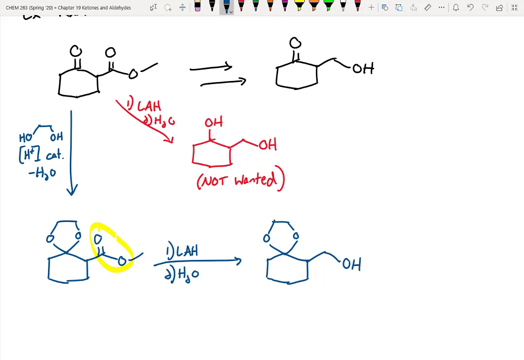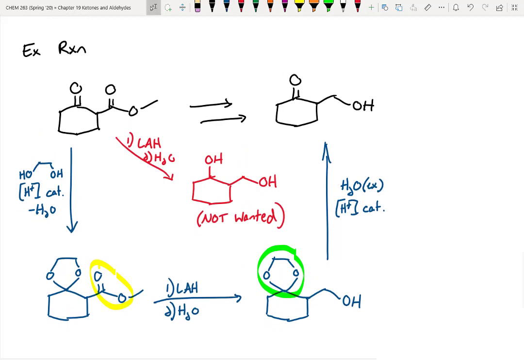Now we need to remove this protecting group to get to our final product. All we need to do is treat this with excess water and then treat it with catalytic acid. By doing that, we can pop off that protecting group and get to our final product.